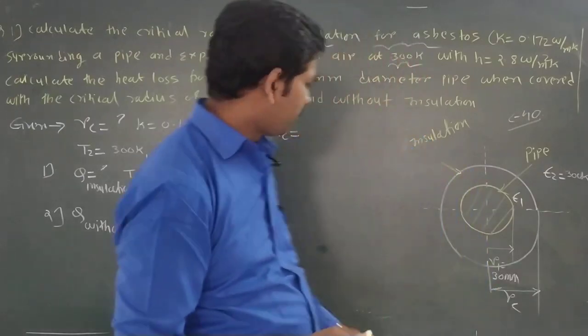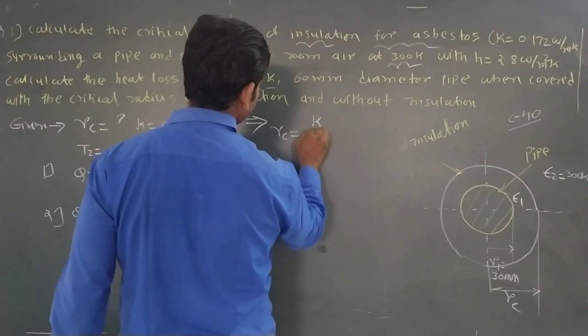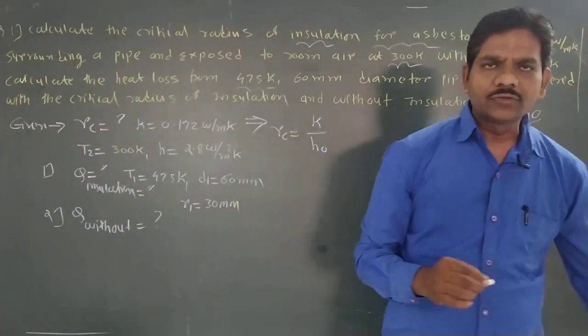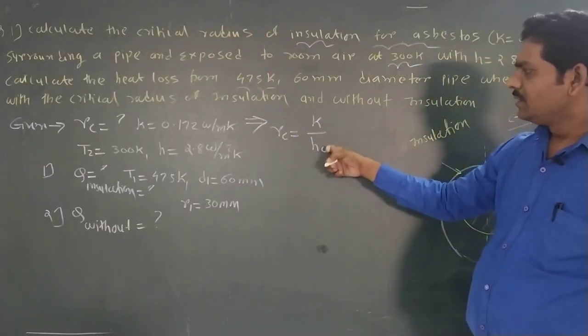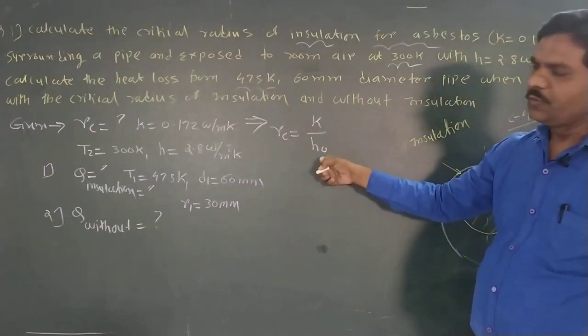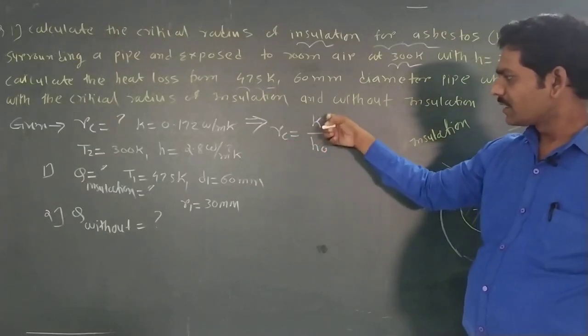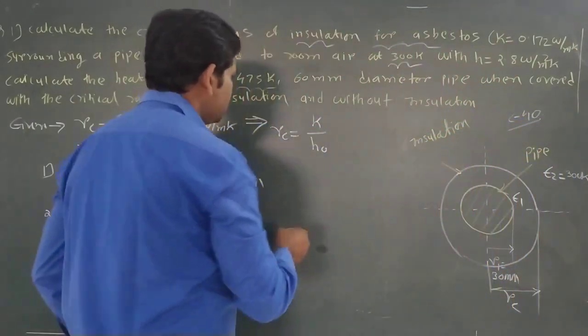Yesterday we derived this equation. RC is equal to K upon HO. The critical radius of insulation is defined as the ratio of thermal conductivity upon heat transfer coefficient. And what is the formula? K upon HO. So just put the values and get the answer.